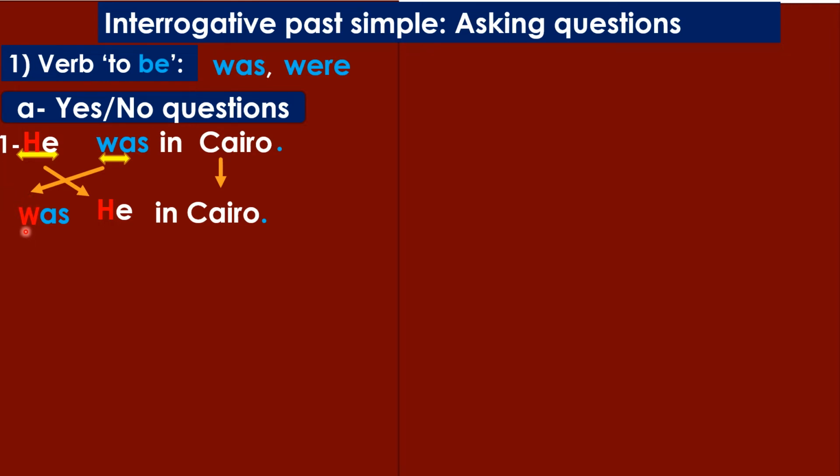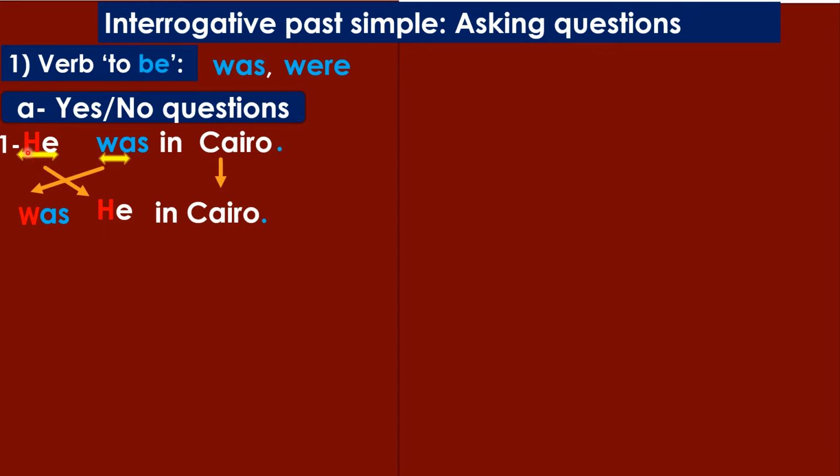The W here was a small letter. I'm changing it to a capital because in the original sentence it was in the middle of the sentence, but now it's at the beginning of the sentence. I also want you to have a look at he.